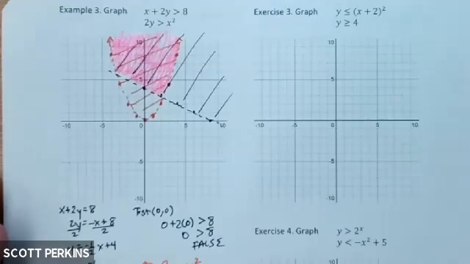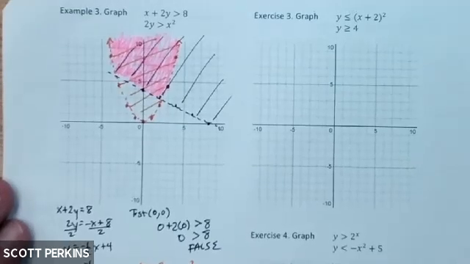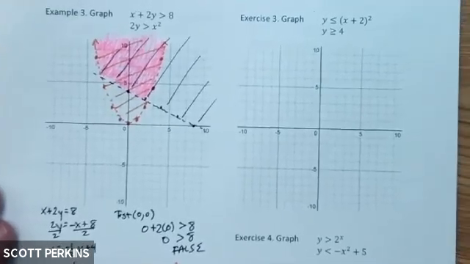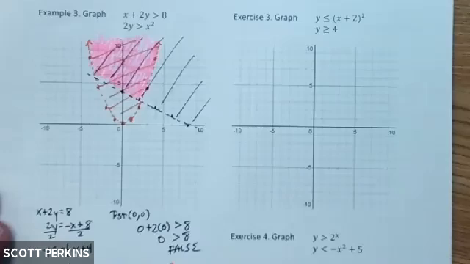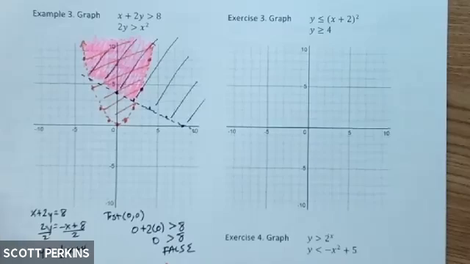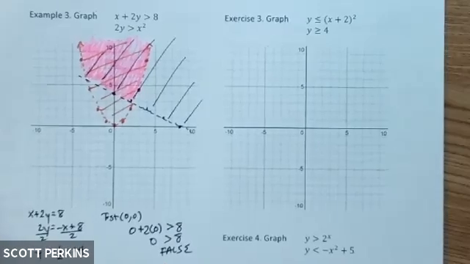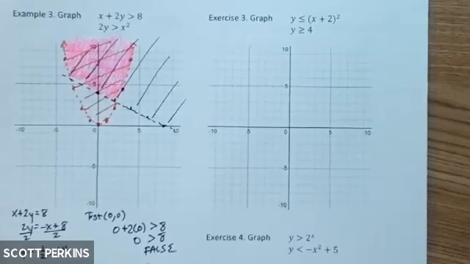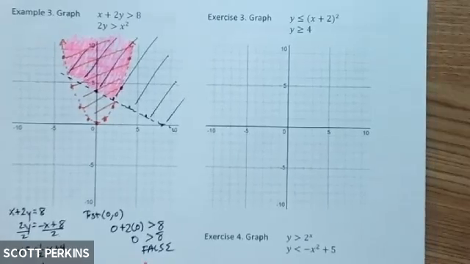Exercise 3 should go fairly quick because we have a basic parabola that's been shifted, just one translation. And in case you don't remember, y equals 4 is a horizontal line. So go ahead and graph that. I'm going to give you a couple minutes, make as much progress on that as you can. And then I'd like to get to the last problem because it's the most fun. And I want you to have fun today.